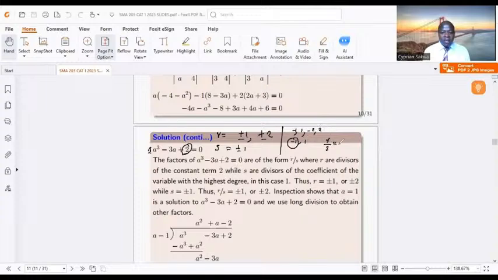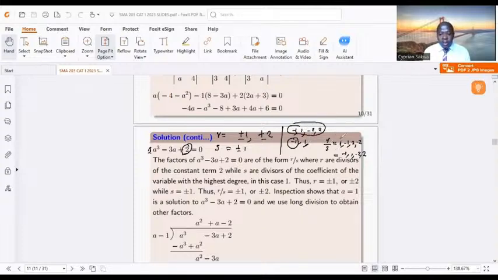If I take s as -1, my r over s gives +1, -1, +2, -2 as the likely roots. I can also take s to be 1, and then r over s would be -1, 1, -2, and 2. I'm just dividing this one into these elements.